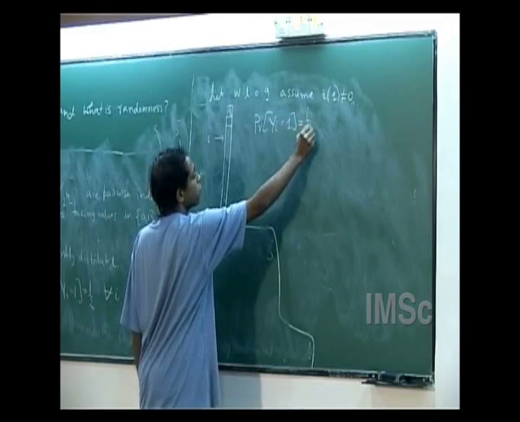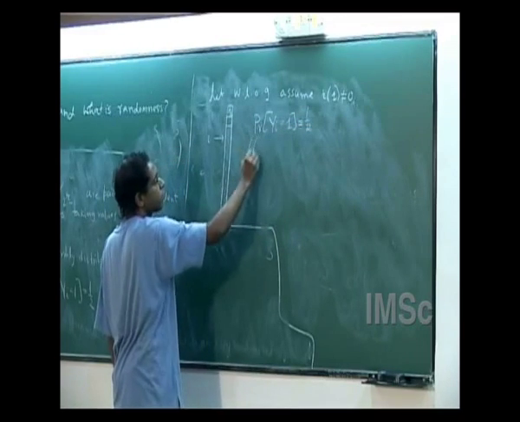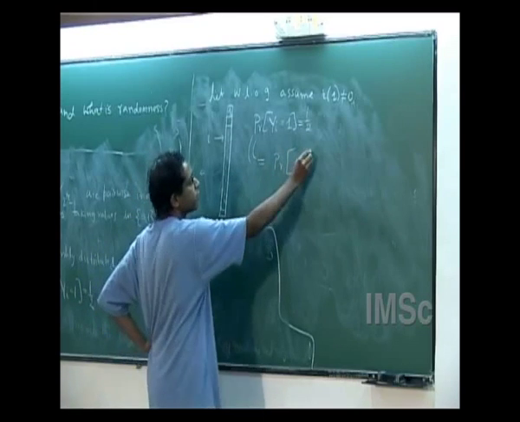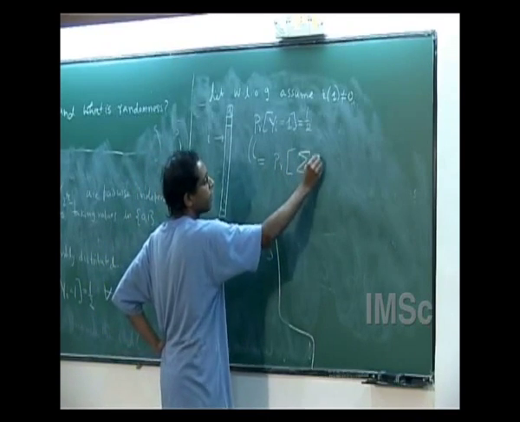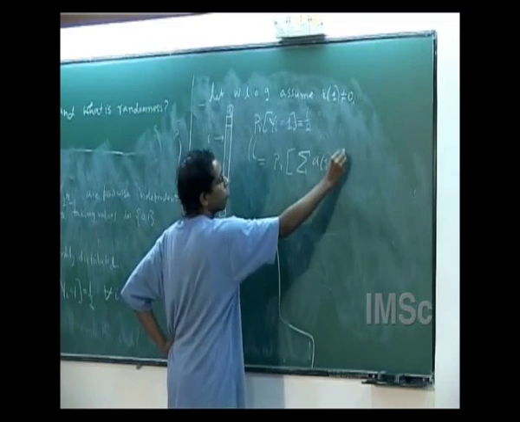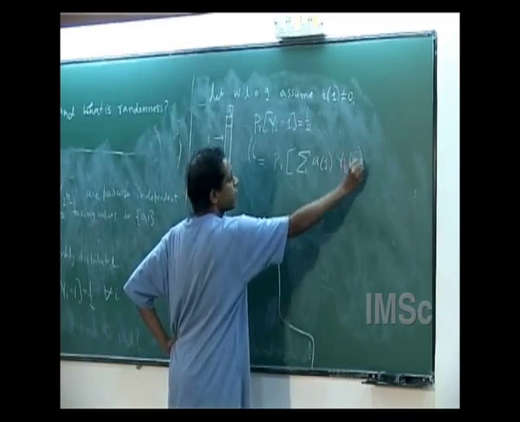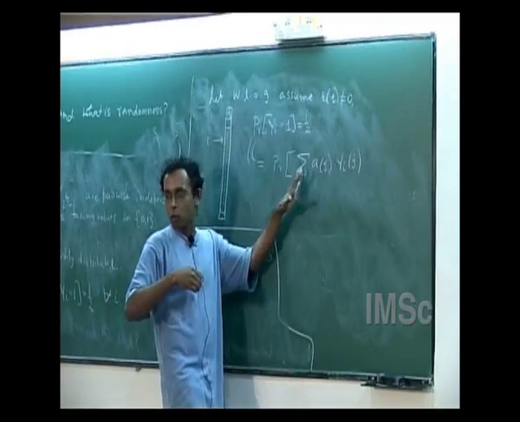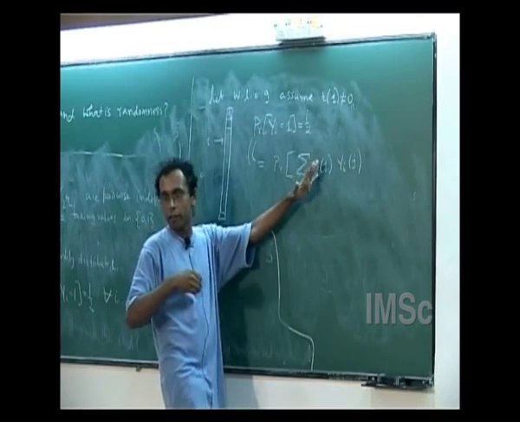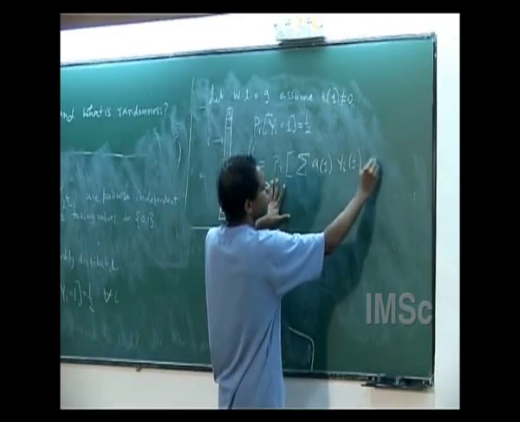That I want to prove. What is this probability? This probability is equal to the probability that summation aj yij, I'm not always writing the modulo 2, it's understood that I'm taking modulo 2 after that, equals 1.